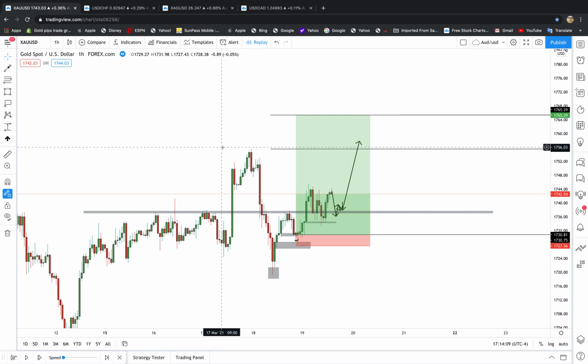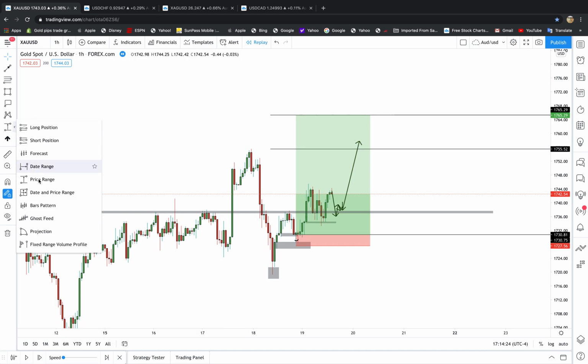So if you know gold's bullish, then GU is bullish, and all those other pairs, because they all correlate with the dollar. So yeah, that was gold buys and gold sells.